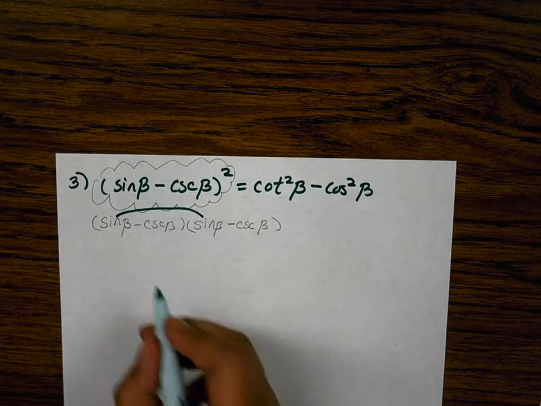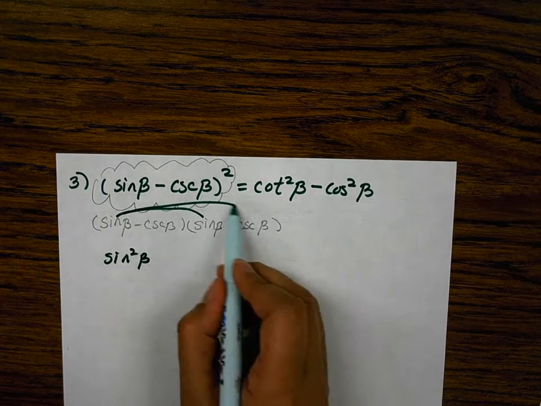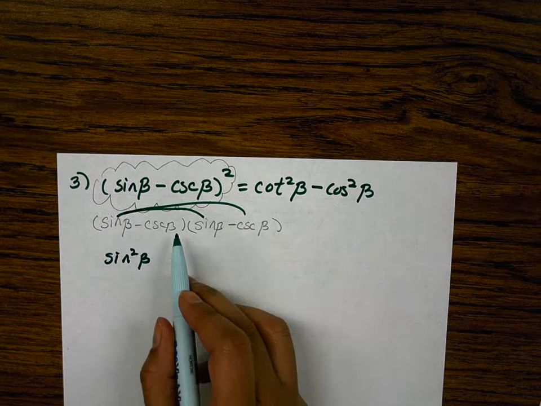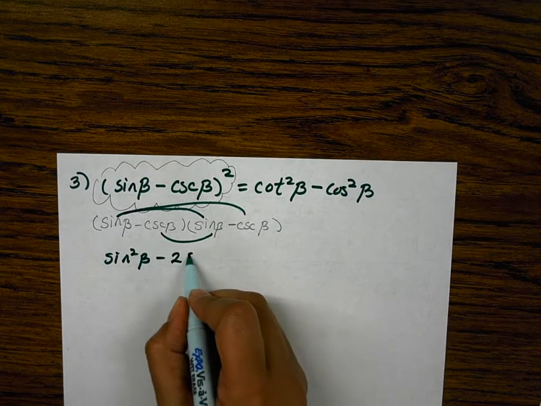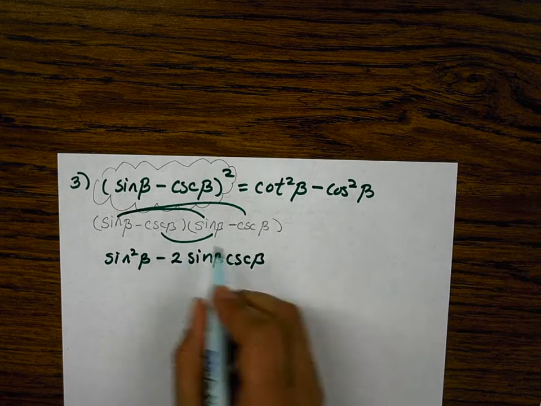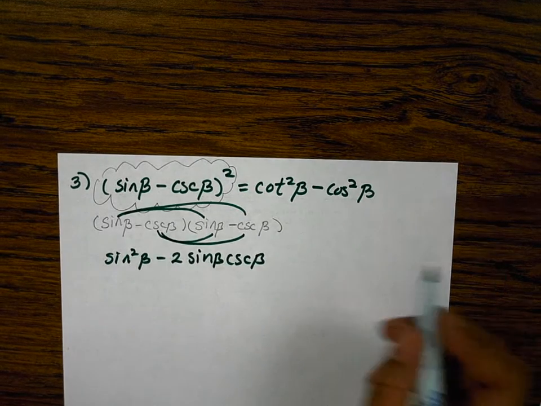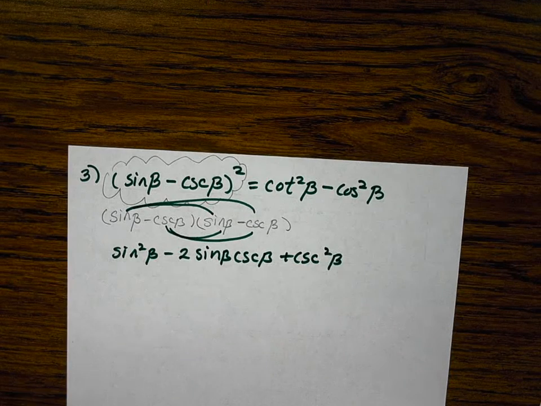Sine beta times sine beta is sine squared beta, minus sine beta cosecant beta, minus another sine beta cosecant beta is minus 2 sine beta cosecant beta, and a negative times a negative is positive cosecant squared beta.